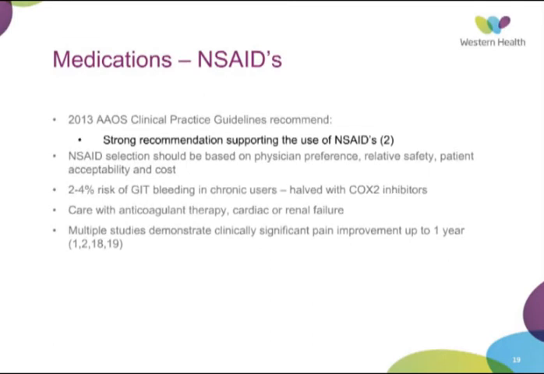Where do opioids fit in? Well, the American Association of Orthopedic Surgeons have said that they can't really say. The evidence is not strong enough for the use of opioids.